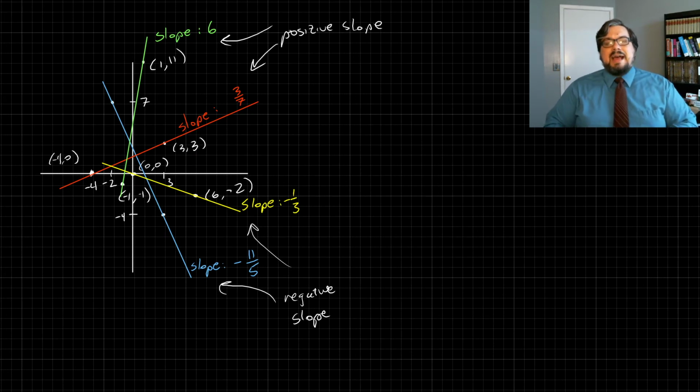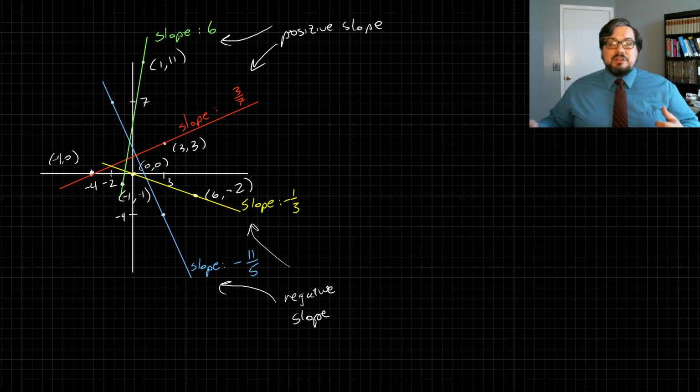And this goes back to thinking about what the slope actually represents. It tells you how much the y values are changing given a change in x. And a negative number means basically that the changes in y's and x's are opposite each other.